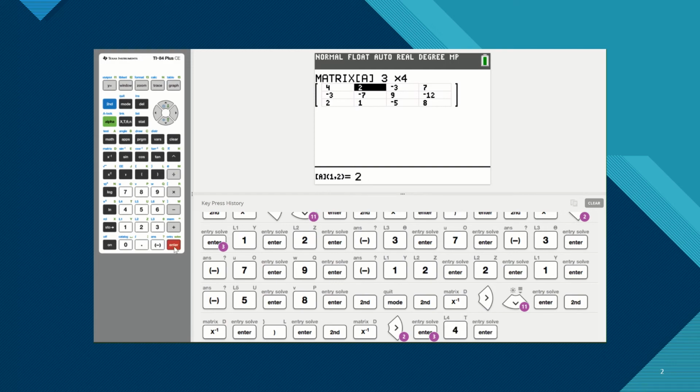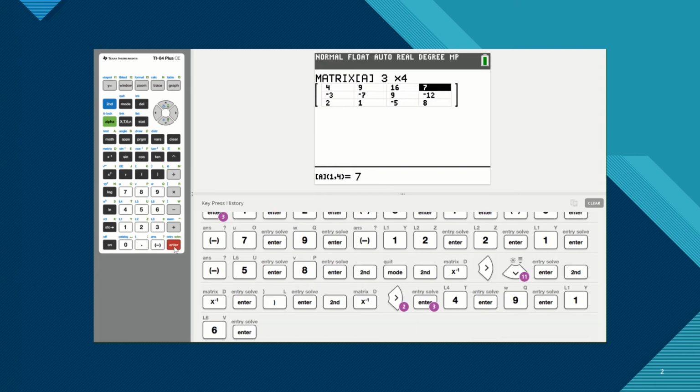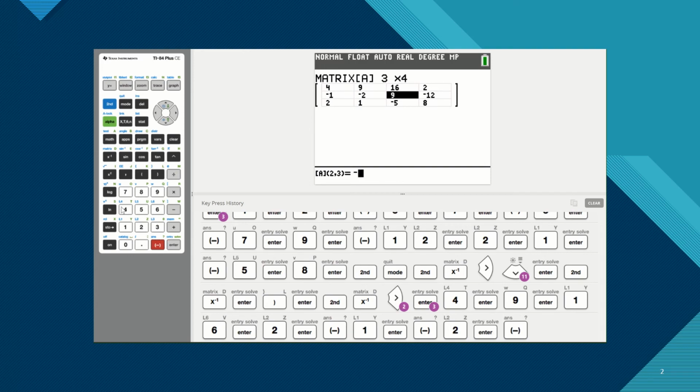And now I'm going to start entering in the coefficients. So we got 4x plus 9y plus 16z equals 2. My second equation has negative x, so it's negative 1, minus 2y, so negative 2, minus 4z, so negative 4.